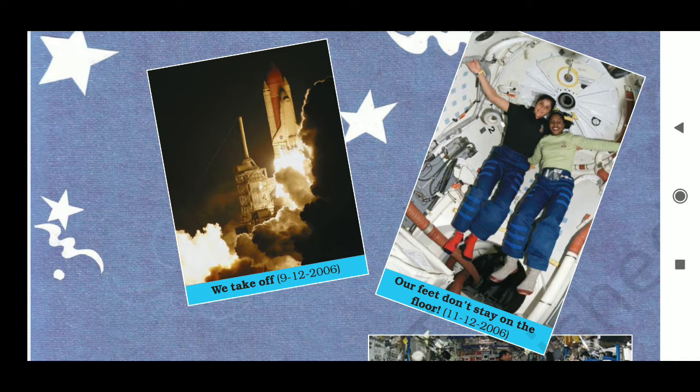So we take off. Sunita Williams' first visit to space was on 9th of December 2006. In the second picture, you will find that our feet don't stay on the floor. Both of them were floating because there is no gravity, and this picture was taken on 11th of December 2006.